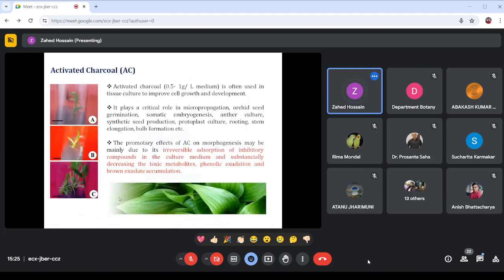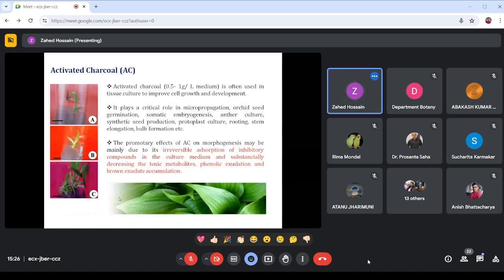This is activated charcoal, which we sometimes apply in the media, because for those plants which have high secondary metabolites, the media or the plant material becomes brownish in color. So we apply activated charcoal, a very small amount, 0.5 gram per liter. It basically absorbs these inhibitory compounds, these secondary metabolites.